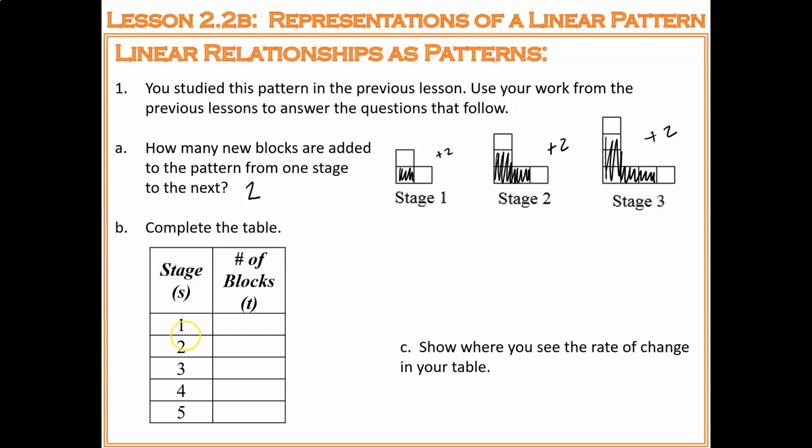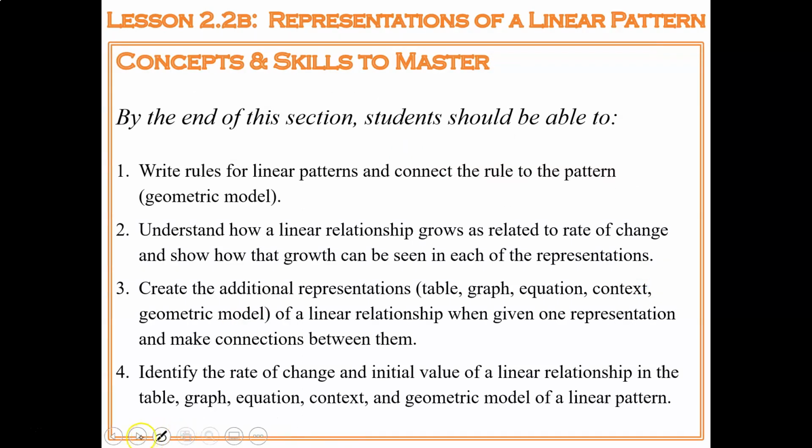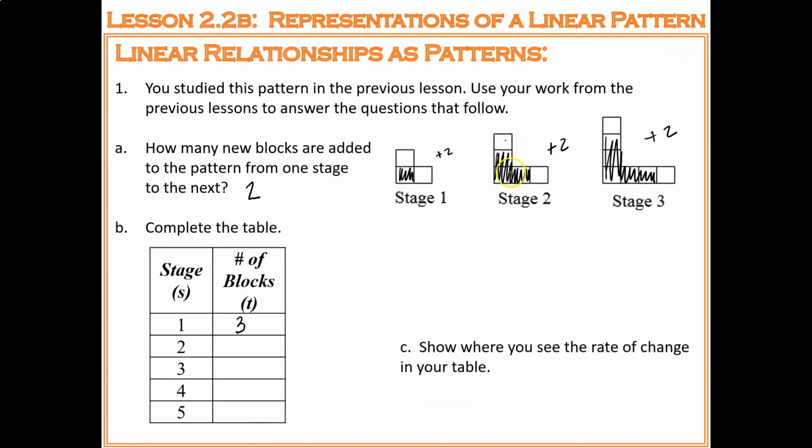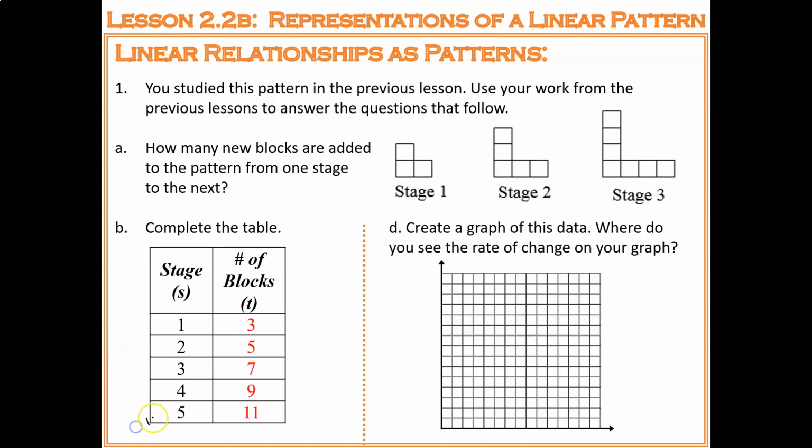So if you look at stage one, you have a total of 1, 2, 3 blocks. If you look at stage two, you have a total of 1, 2, 3, 4, 5 blocks. And then stage three, you have a total of 1, 2, 3, 4, 5, 6, 7 blocks. So tell me what's happening from here to here and here to here. Well, you're adding 2 every time. And as long as you go up by ones here, you can continue to add those 2's.